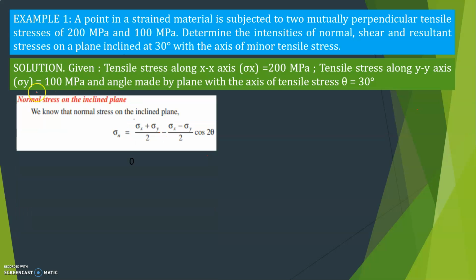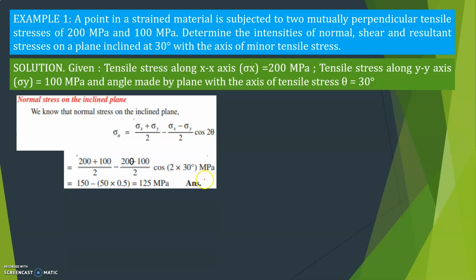What is that? Normal stress on the inclined plane is given by the equation sigma n is equal to (sigma x plus sigma y) divided by 2 minus (sigma x minus sigma y) divided by 2 into cos 2 theta. So use those values. What is sigma x?